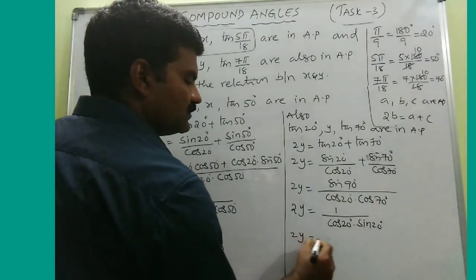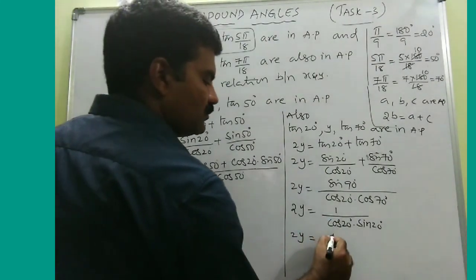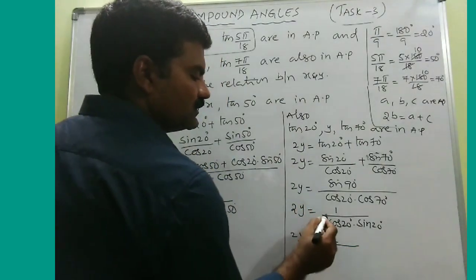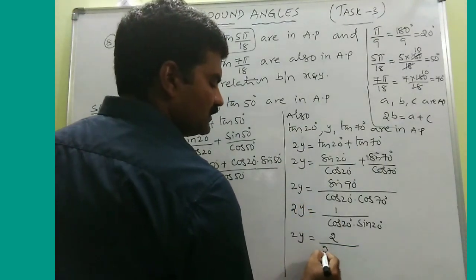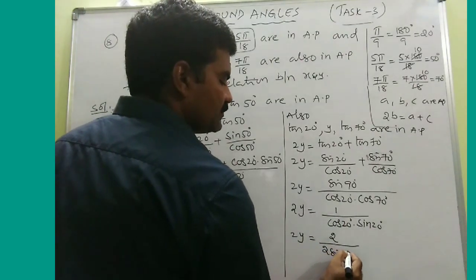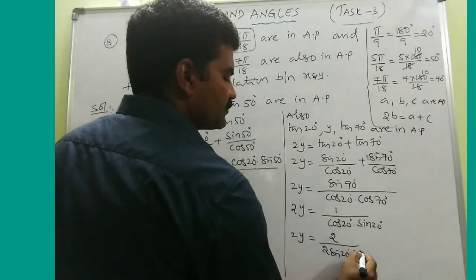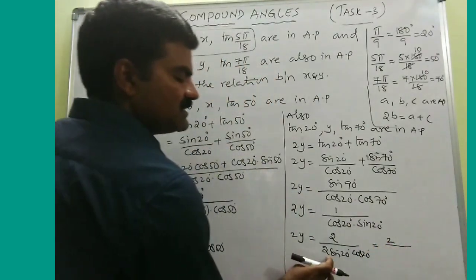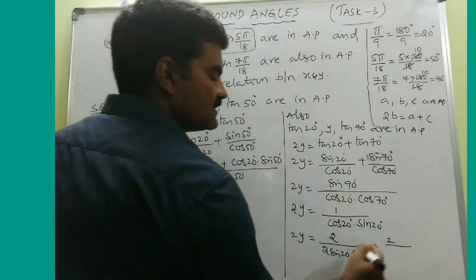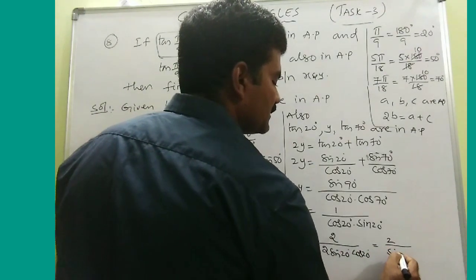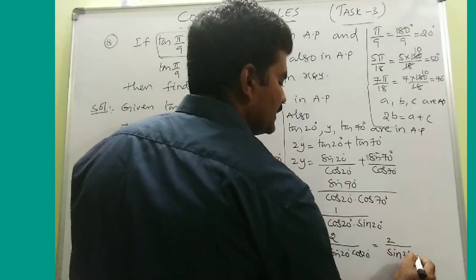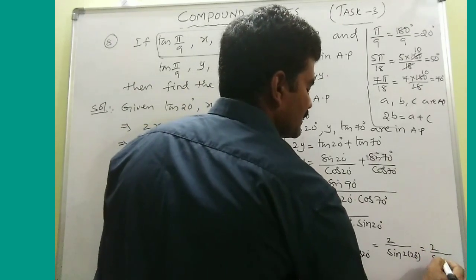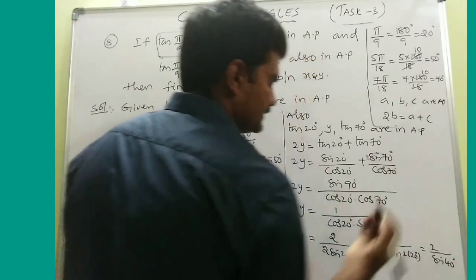So listen to this step here, both numerator and denominator you need to multiply with 2. 2 into 1 is 2, and this is 2 sin 20 into cos 20. That is 2 by 2 sin A cos A, which is the formula for sin 2A. Sin 2 into 20 degrees. That is 2 by sin 40 degrees.